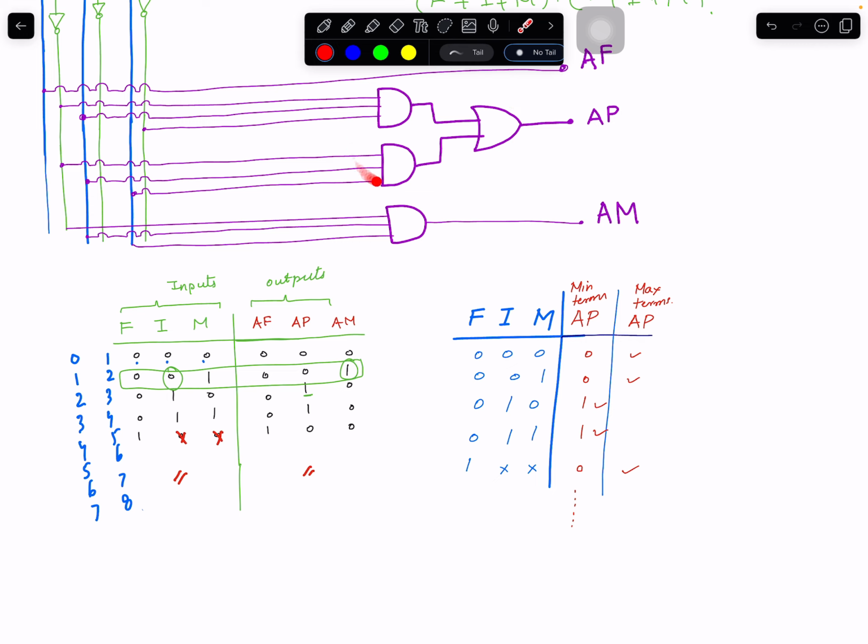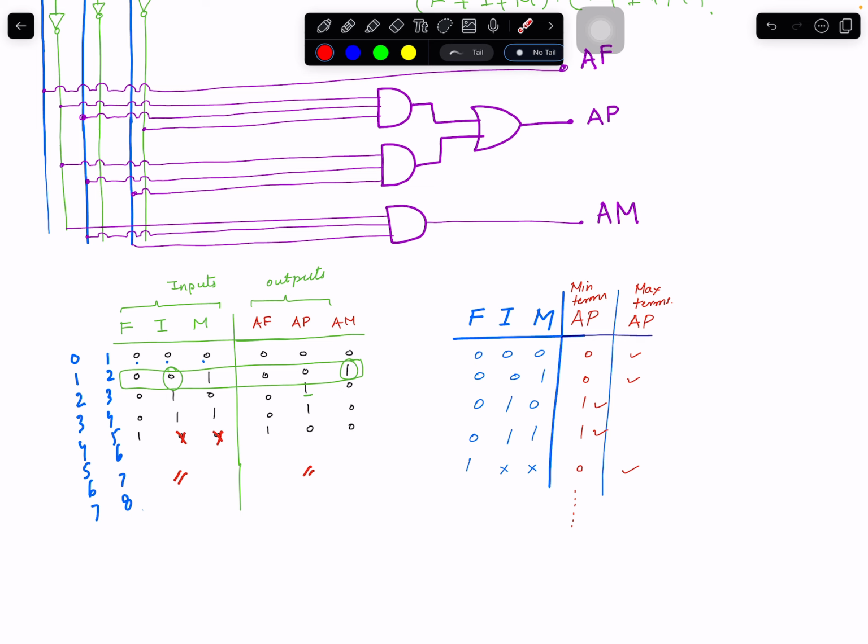And that's where we built this circuit. We wrote minterms based on this, when the output becomes true or high. In that case, we're just picking those minterms, and to make it high, we just AND them together. And then OR. OR means either this combination gives you 1 or this combination gives you 1.